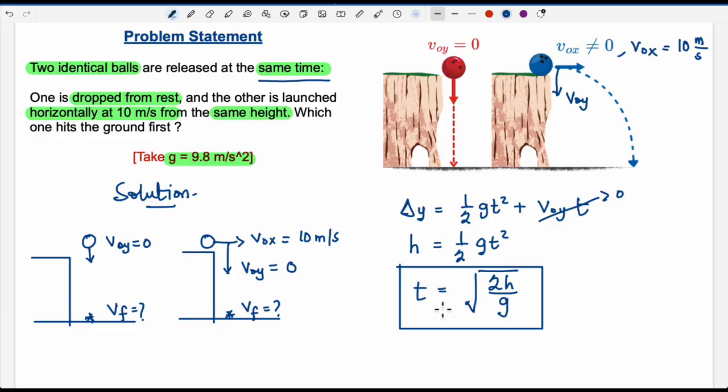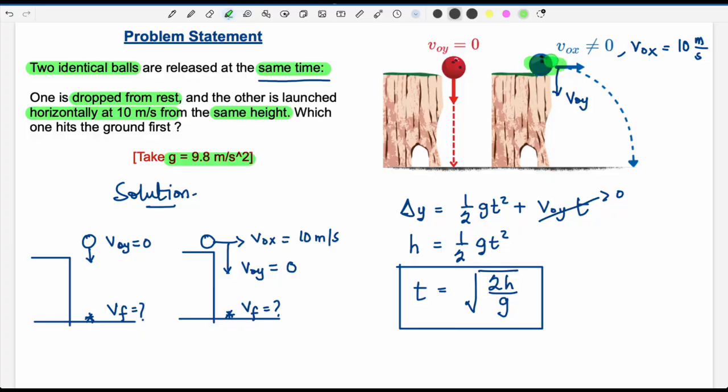This is really cool. Let's look at the horizontal velocity of the blue ball to see if it really affects the motion. The fact is, the horizontal velocity given to this blue ball does not affect its motion, right? So what we need to note is that gravitational pull always acts vertically.